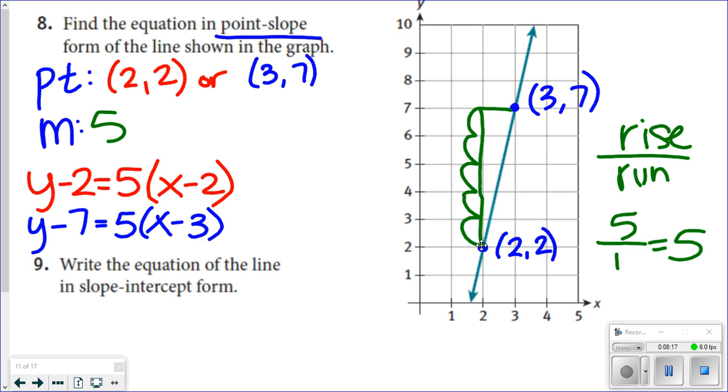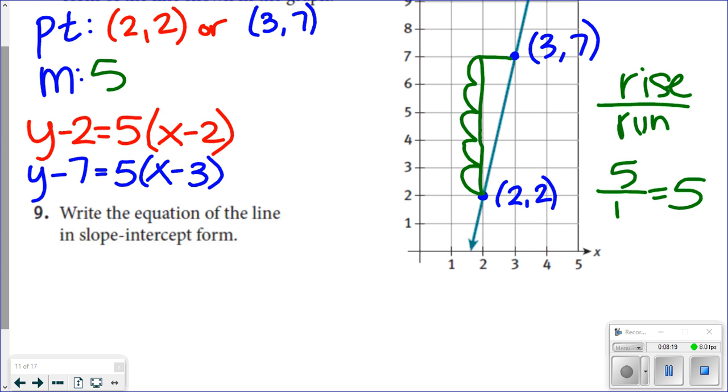Now, under question 9, you are going to use your equation. You do you, baby boo. If you chose 2, 2, look at all those rhymes, then you're going to convert your 2, 2 equation into slope-intercept form. If you chose a 3, 7, then you are going to convert that equation into slope-intercept form for question 9.